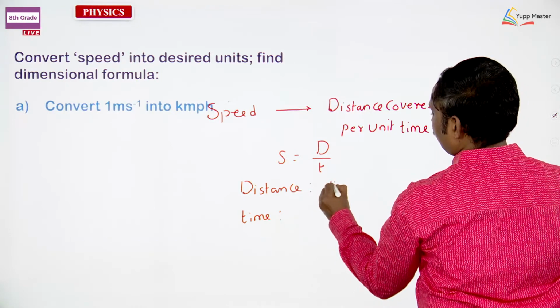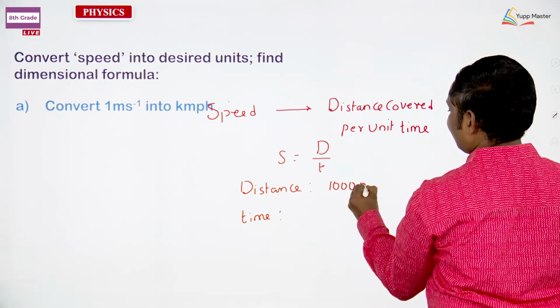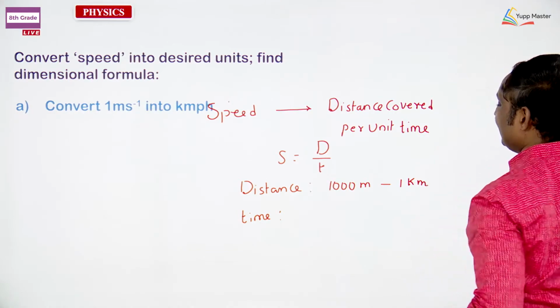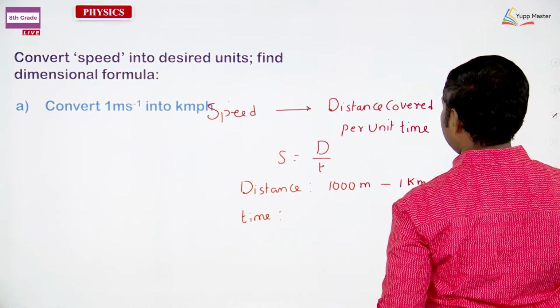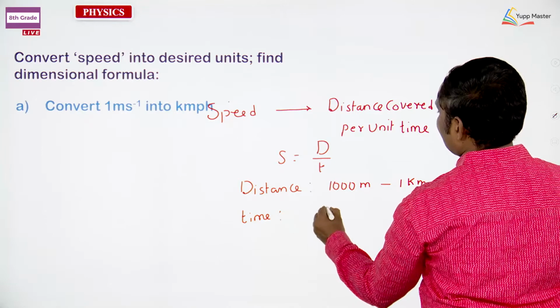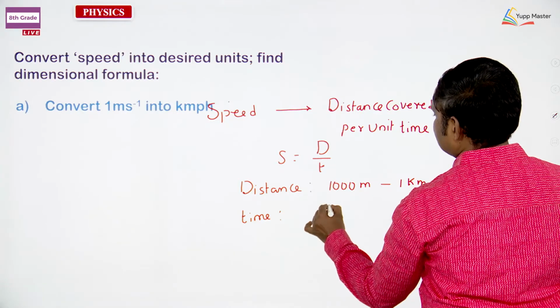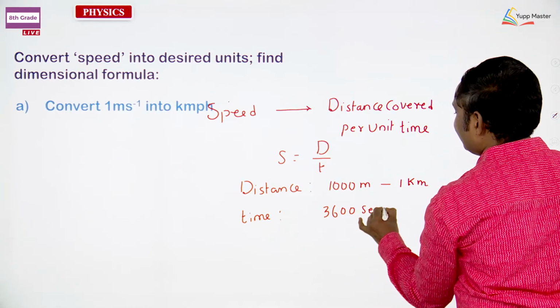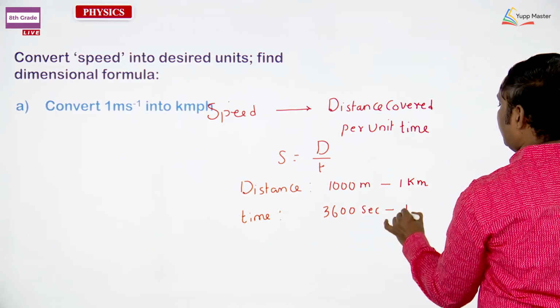Yes, 1000 meters is equal to 1 kilometer. 3600 seconds is 1 hour.